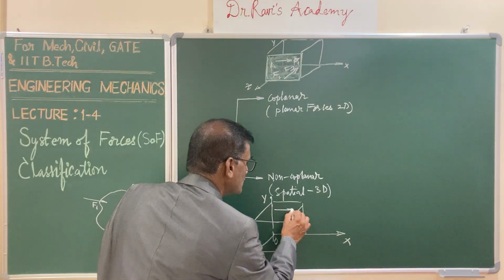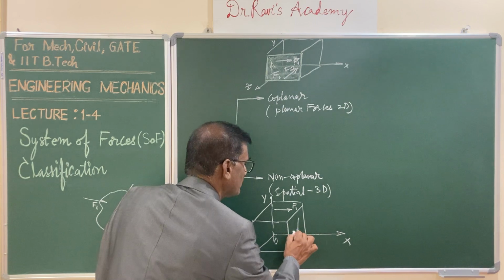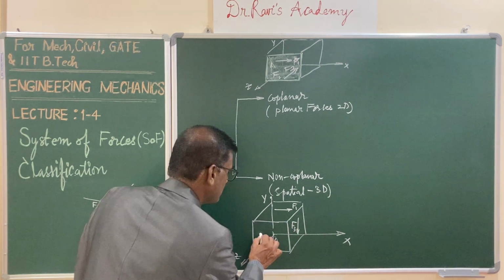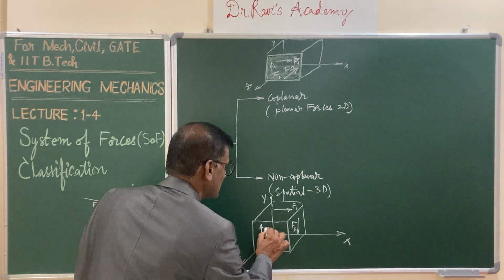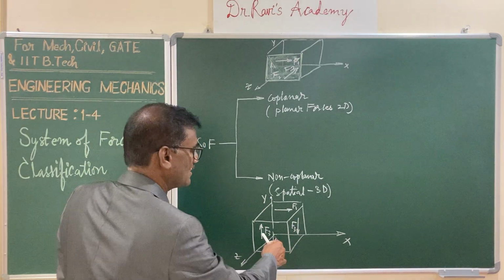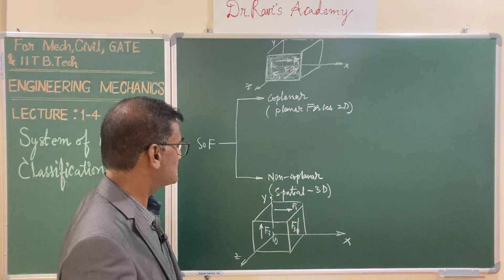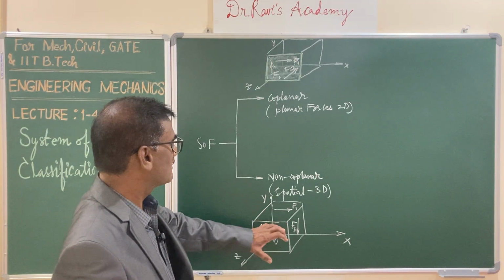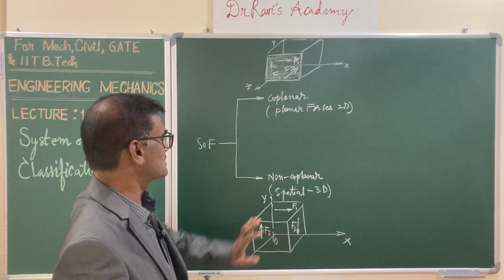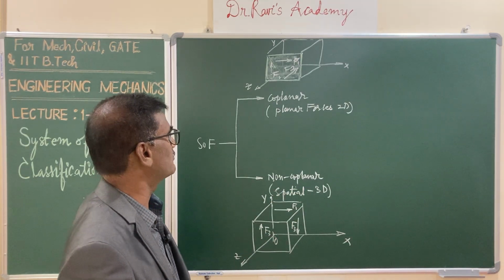Maybe one force F1 may be in this particular plane, F2 may be like this, and maybe F3 like this. If you look at that, OX, OY, and OZ constitute three-dimensional space, and the forces are lying in it at various locations. So this constitutes a spatial or three-dimensional system of forces.